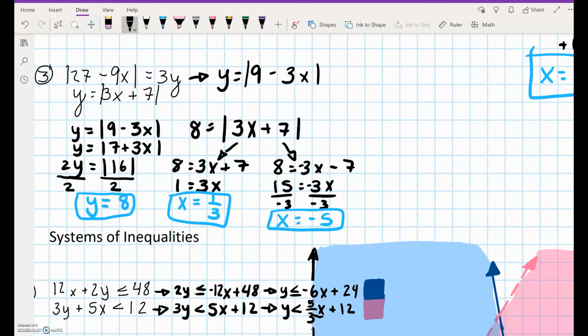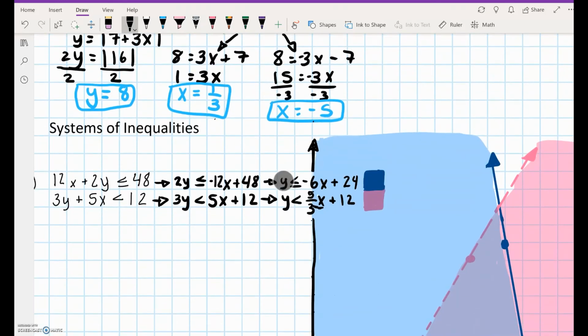Once again, that x canceled out, and so I just solved for y, got y is equal to 8, so put that 8 back into the formula for the y, and because this is absolute value, you have to do the negative and the positive. So this is what I got for the positive x, and this is what I got for the negative.